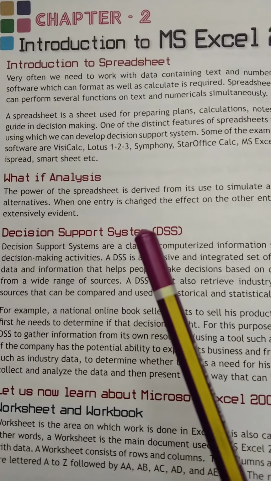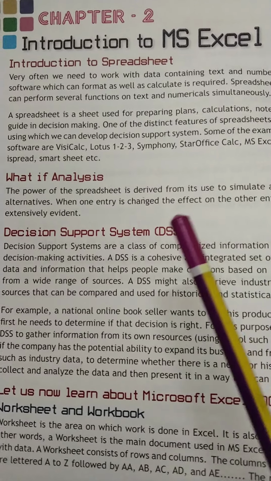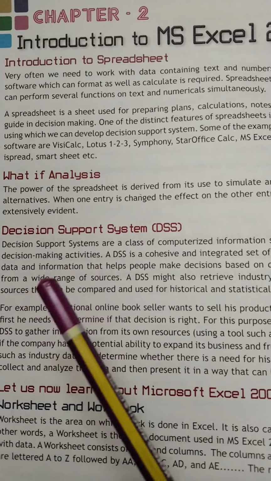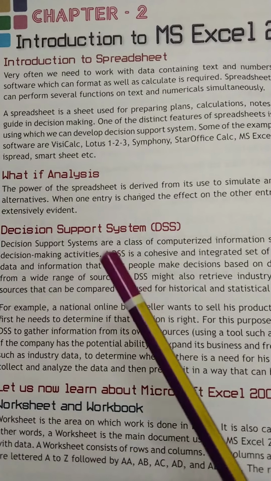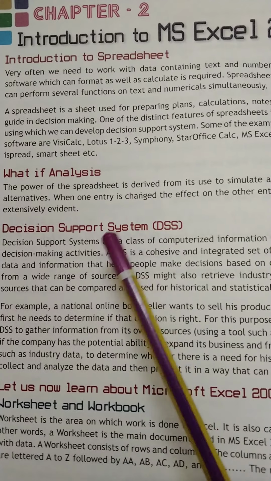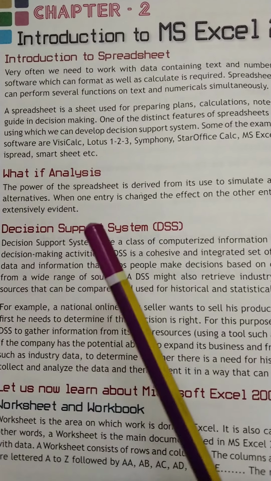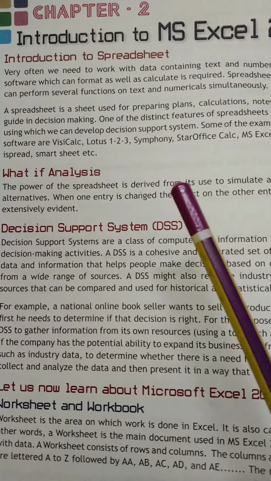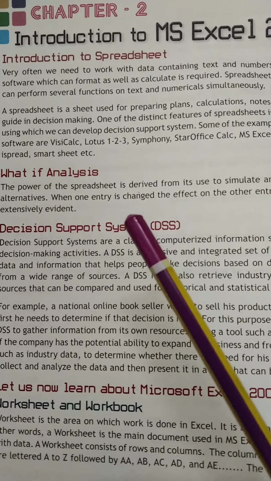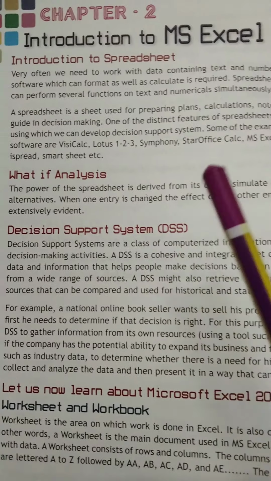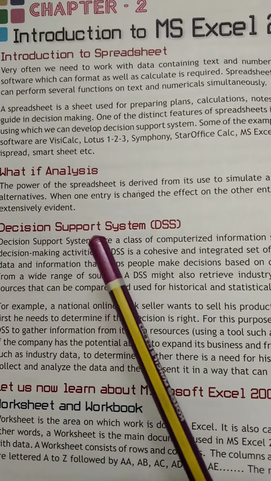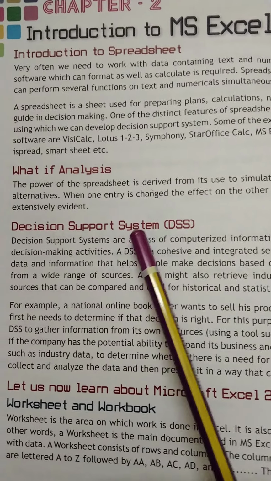For this purpose the vendor can use a DSS to gather information about its own resources, and to determine if the company has the potential or the ability to expand its business with the help of some external resources from the industry data. The DSS will collect and analyze the data and then present it in a way that can be interpreted. So this is the use of a decision support system.